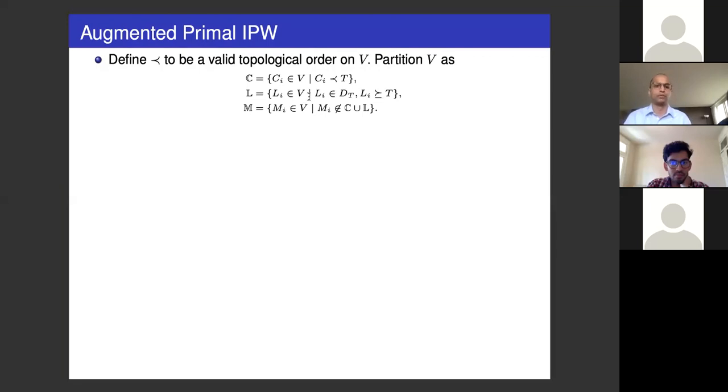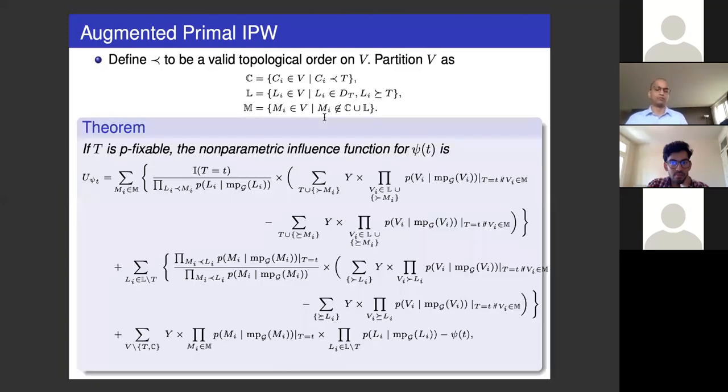L, which is post-treatment variables that are also in the district of T. And M, which is everything else, post-treatment variables that are not in the district of T. And this theorem here, I'm not going to go through all of this math, but it's just here to show you that you can mechanically derive the non-parametric influence function for the target under P-fixability using these three sets.